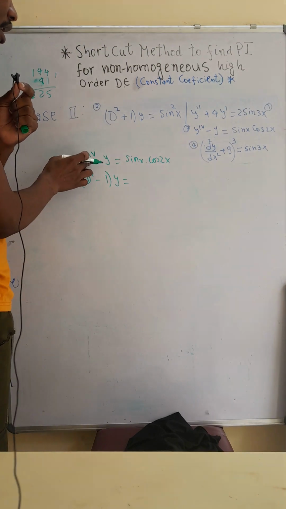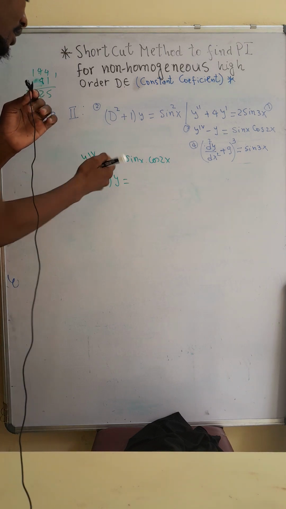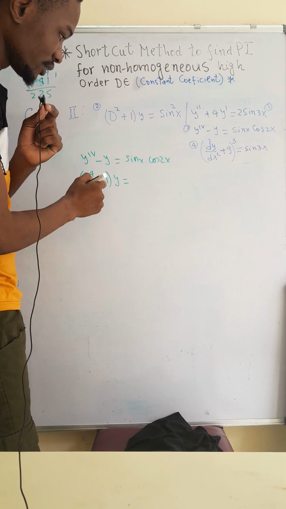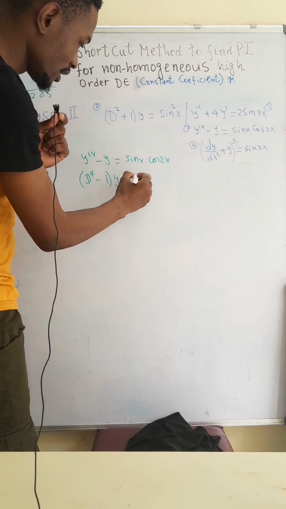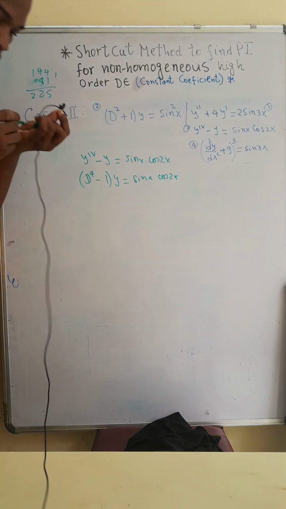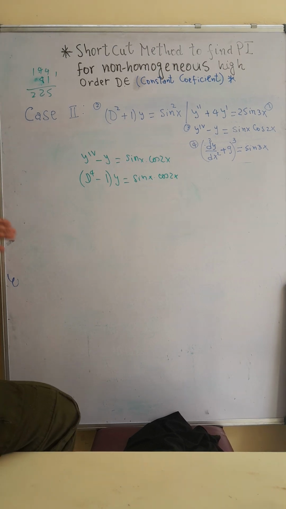Just be careful, here the order of derivative is 4. This is very important to deal with. Then this guy is sine of x times cos of 2x. That's the equation.